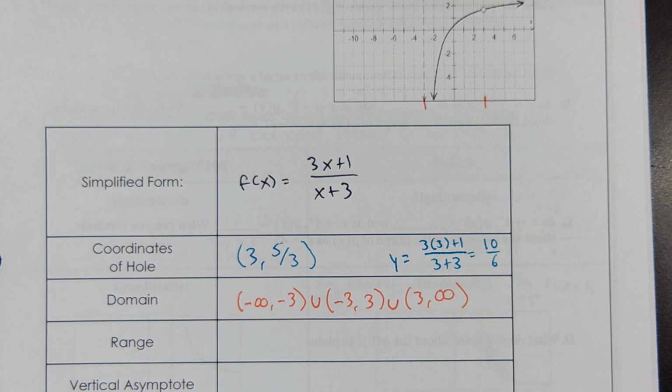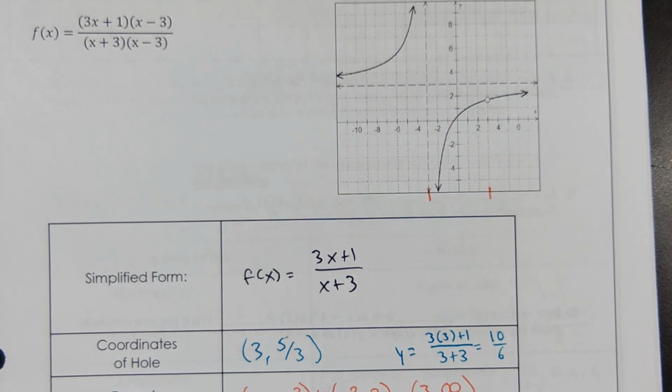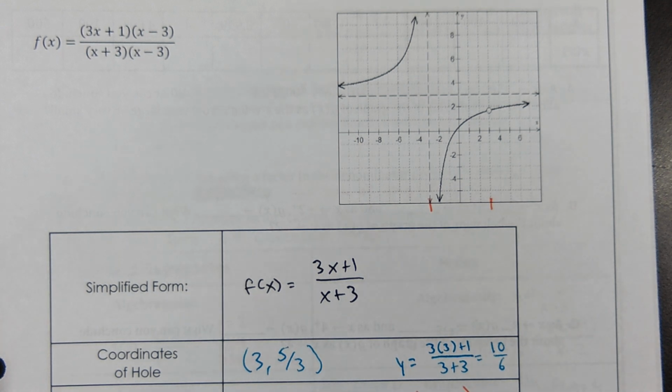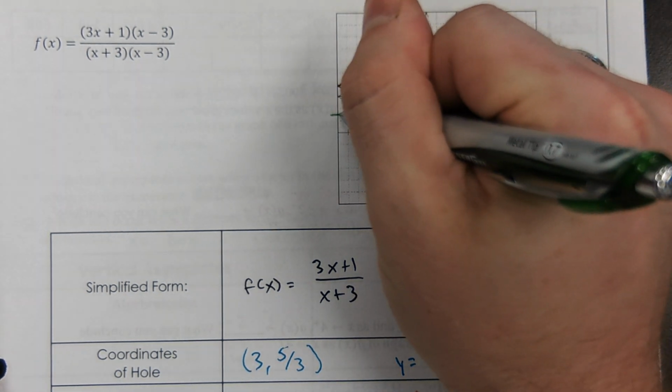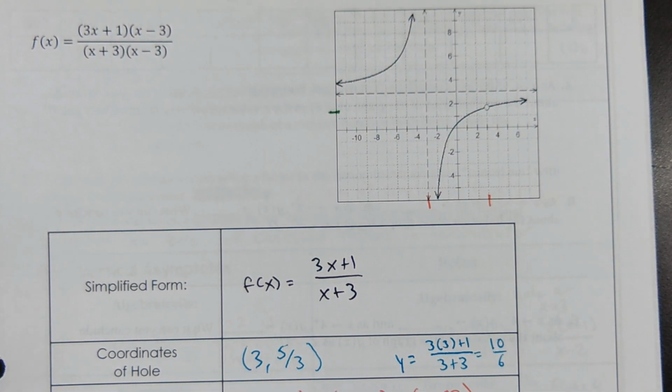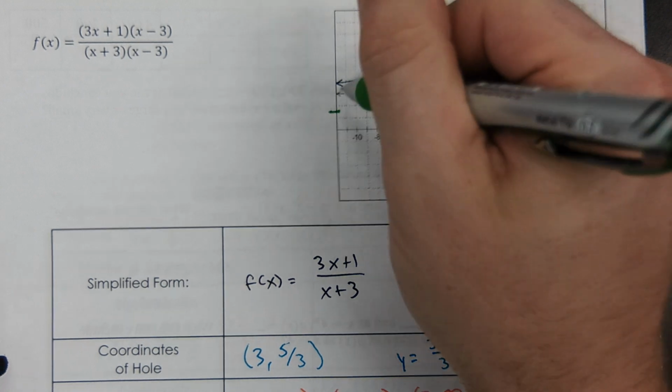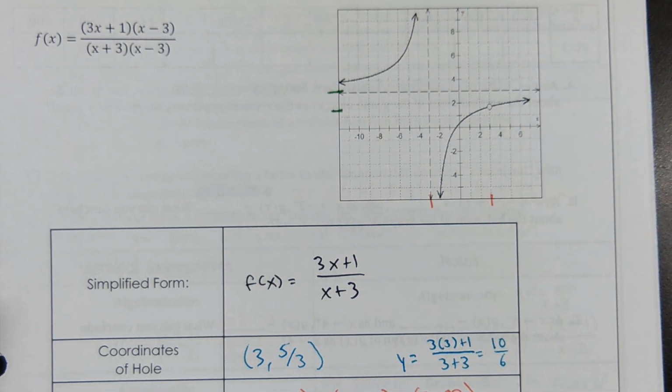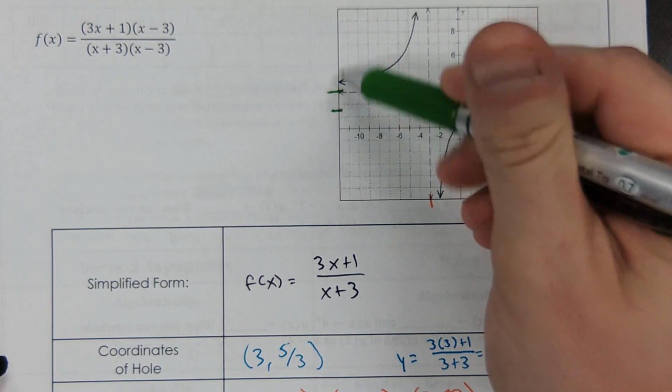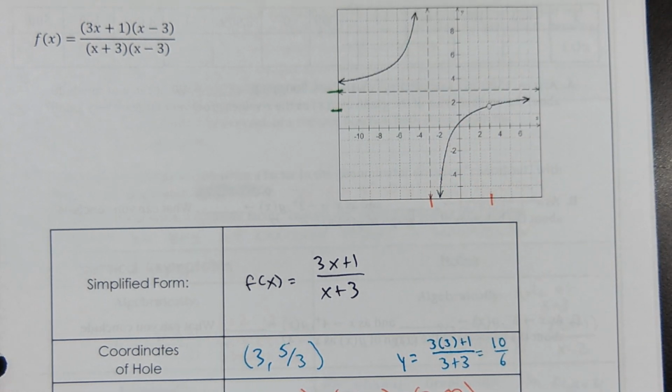For the range, we're once again just looking at the picture. And we're hopefully seeing that this graph exists at every single y value except for the y value of the hole, which was 5/3, and the y value of the horizontal asymptote, which this one doesn't cross, which is 3. But it is still 3 zones, and we'll string those 3 zones together with unions.